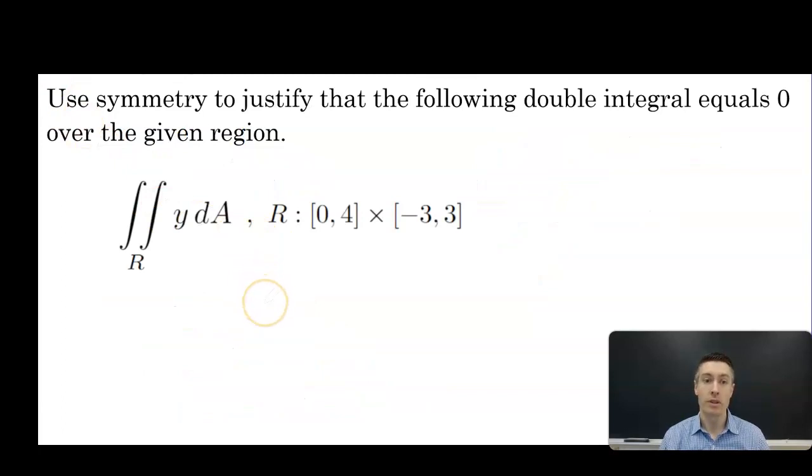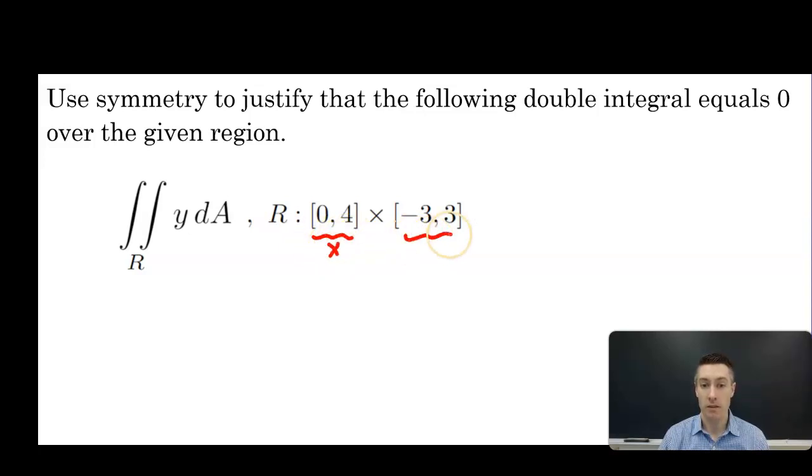Last question: use symmetry to justify that the following double integral equals 0 over the given region. So, the double integral of y dA over the region R, which is the rectangle defined from 0 to 4 on the x and negative 3 to 3 on the y.